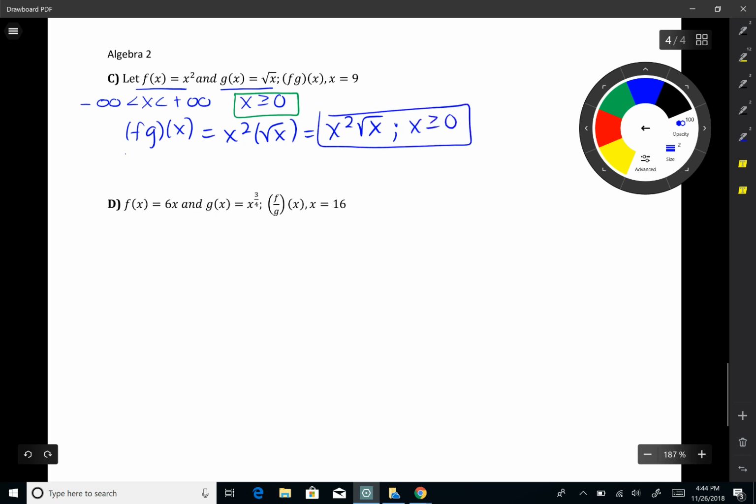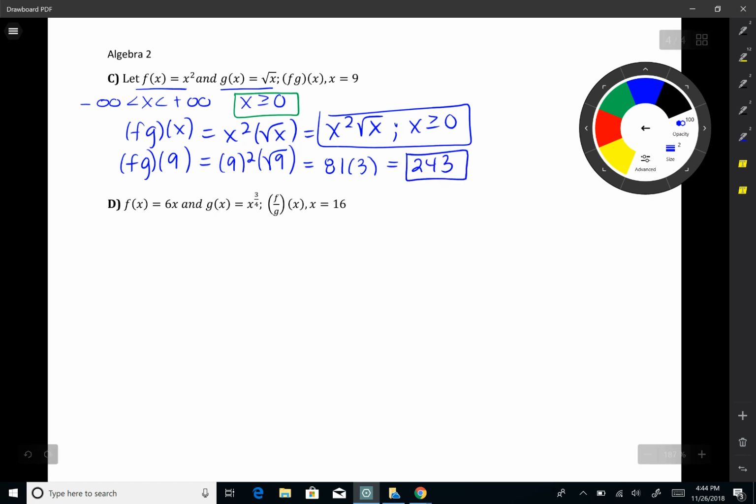Now we're going to evaluate it for x value of 9. So I'm putting 9 in for x. So I'm taking 9 squared, which is 81, times a positive square root of 9, which is 3. And 81 times 3 is 243.